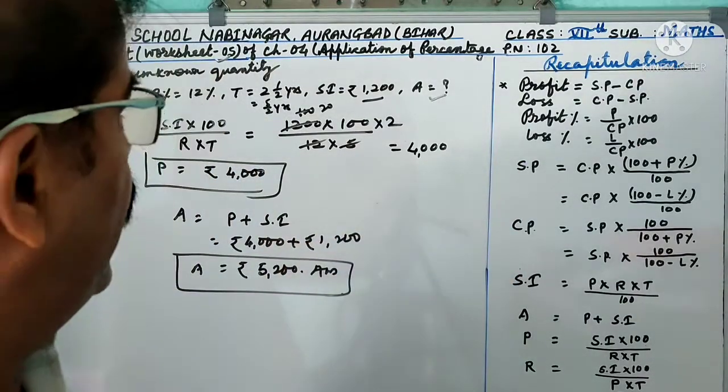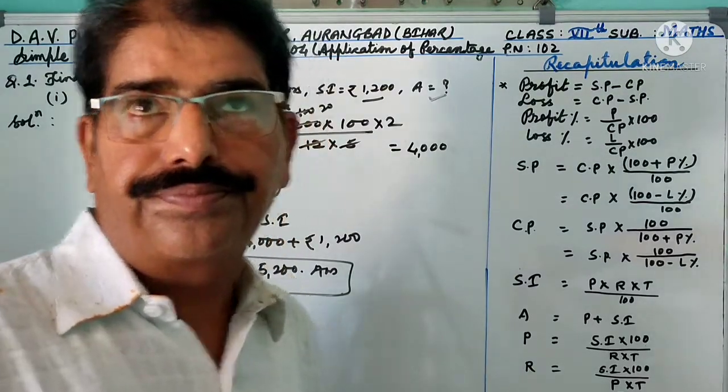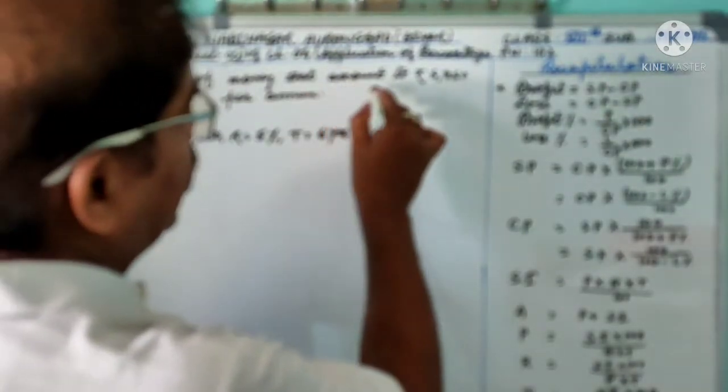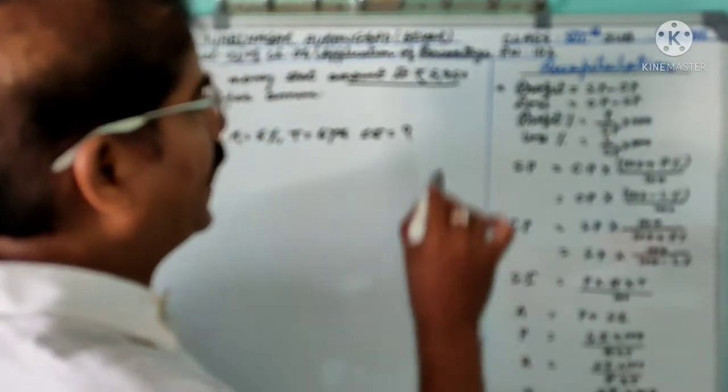And the next question is question 2. Find the sum of money that amounts to rupees 5,850 in 6 years at 5%.